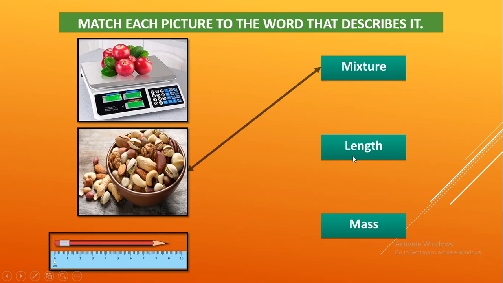Yes, this one here with the ruler. The length of this pencil is 9 centimeters. So this is length. What about mass? This one here, because he's using a balance. He's using a balance to measure how much matter these apples contain.